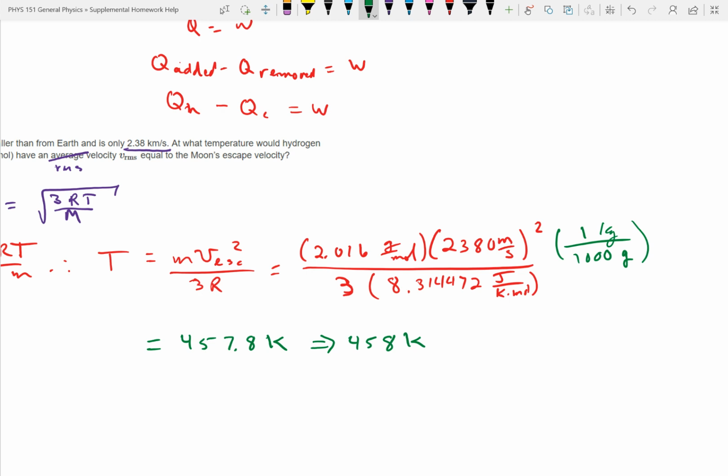So, 458 kelvins. Think about that temperature. Is that a high temperature or a low temperature? Isn't that high? Because 273.15 is 0 for Celsius.